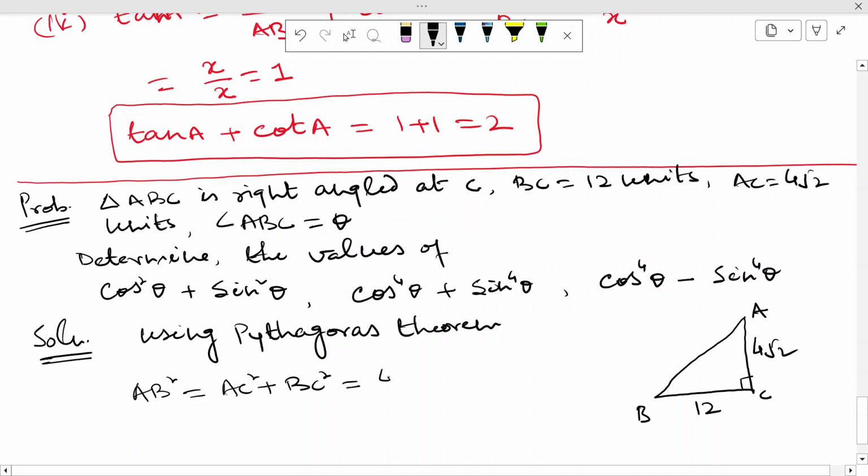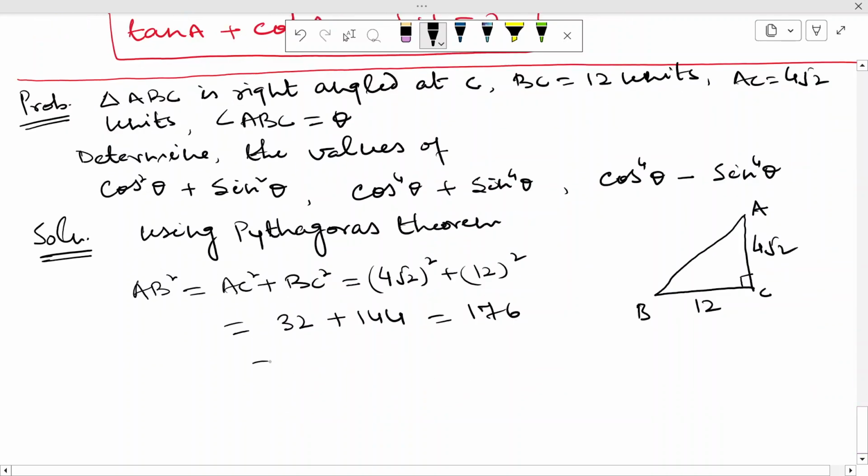So, this is 4 root 2 whole square plus the square of 12. This will give us 32 plus 144. When we add this, we obtain 176.